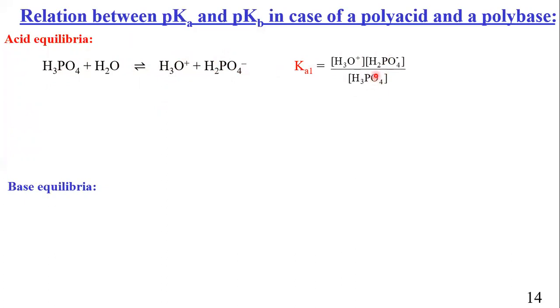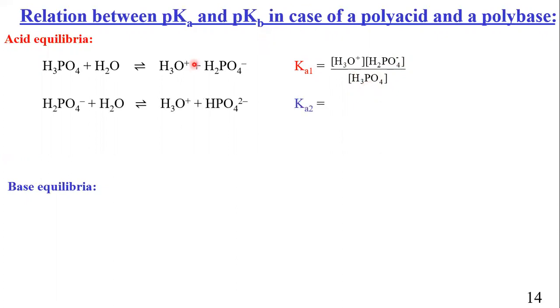Now I want you to look at the Kas and look at the 2 species. I can say Ka1, but I could also say this is the Ka for H3PO4 slash H2PO4 minus, which is the acid-base couple in this equation.